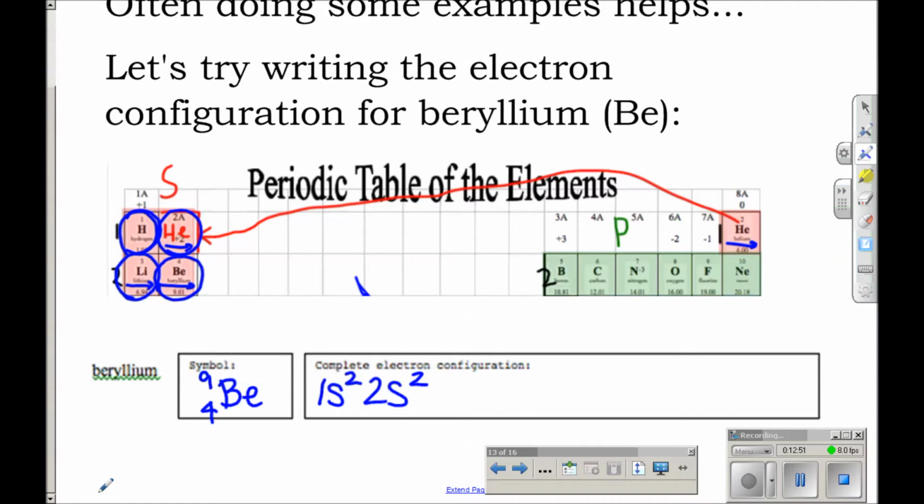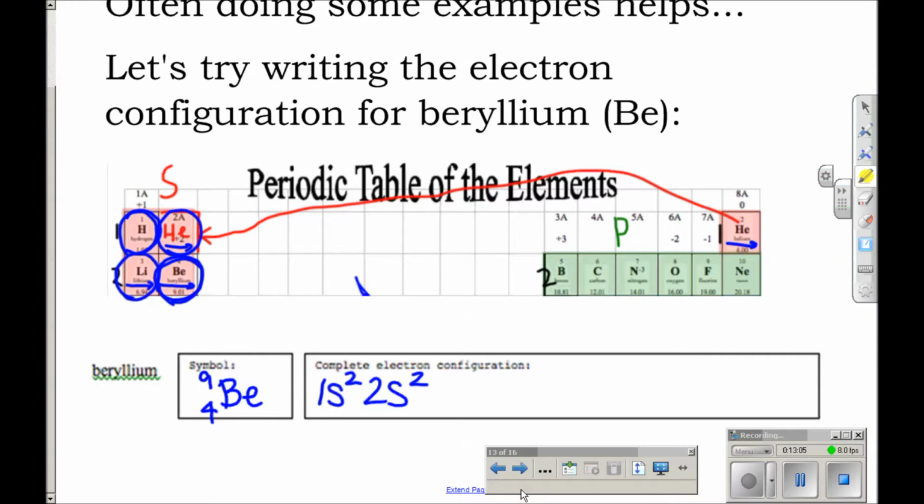And now that we've landed on beryllium's spot, we're going to stop, and that is our complete electron configuration for beryllium. Now what this is really telling us is the location of beryllium's electrons. What it's telling us is that 2 of beryllium's 4 electrons are in that first orbital away from the nucleus in an S or sphere-shaped space.